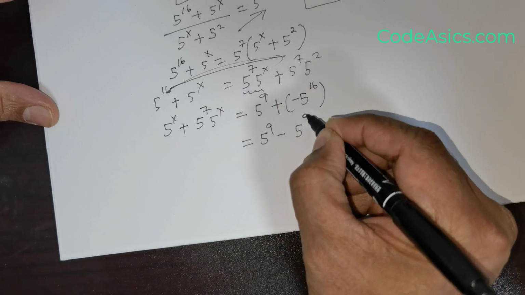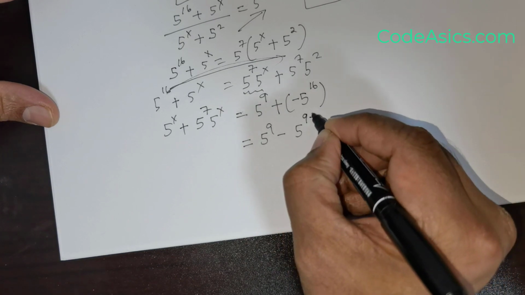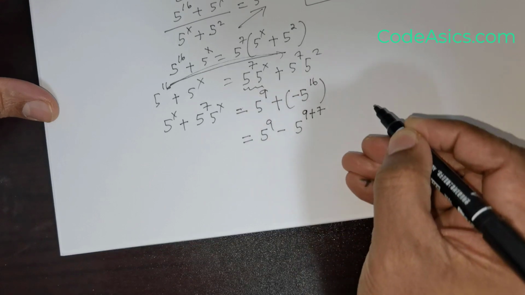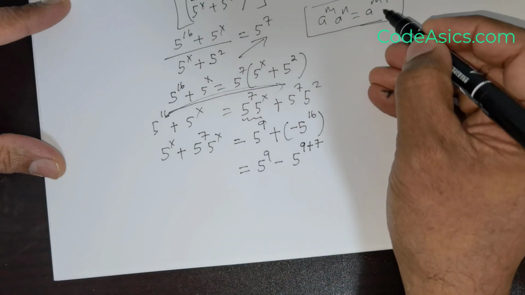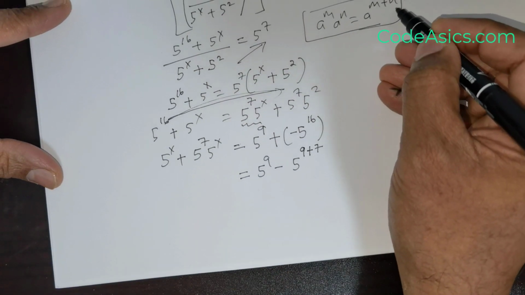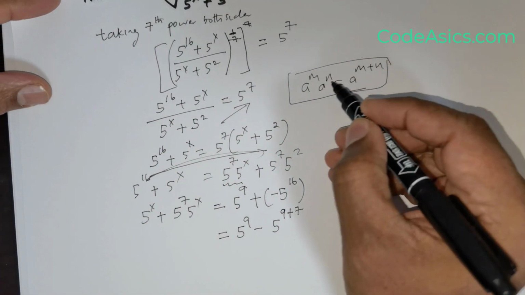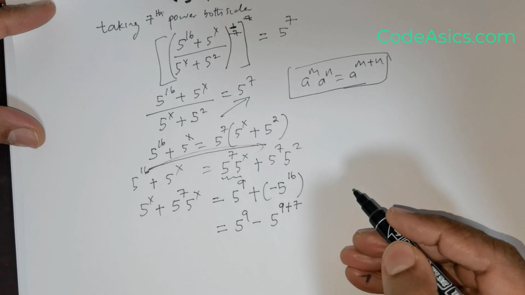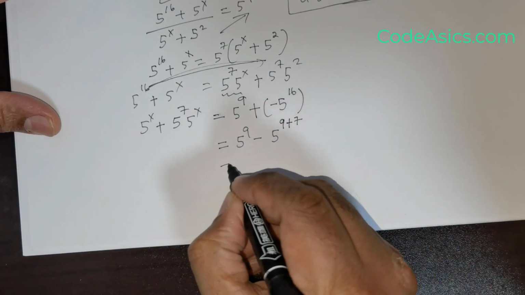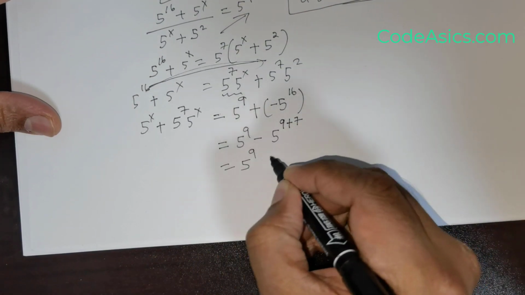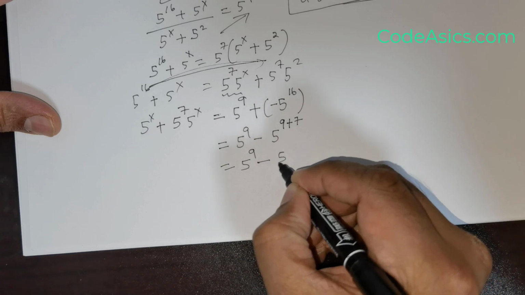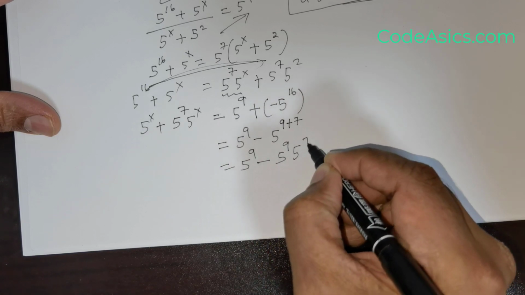I'm going to write it as 5^(9+7), and a^(m+n), which we have here, can be rewritten as a^m times a^n. So that's exactly what I'm going to do. This is going to be 5^9 minus 5^9 times 5^7.